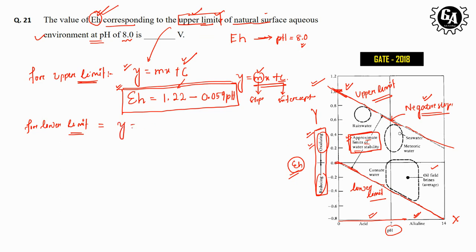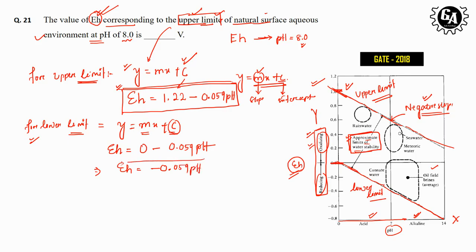So y equals mx plus c, where y is EH, and the value of c is 0 because the intercept is at 0. Minus the slope, which is negative, with magnitude 0.059, and x represents the pH. So for the lower limit, EH is equal to minus 0.059 pH. This is the relation.